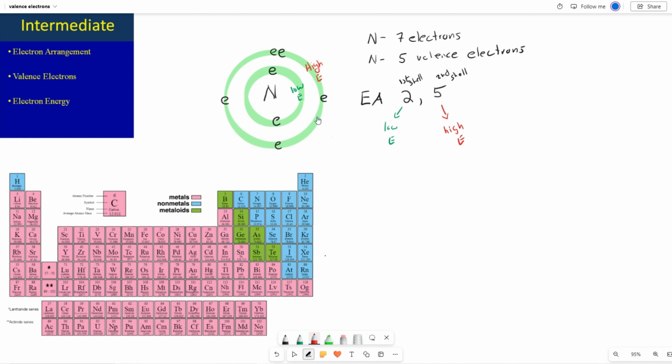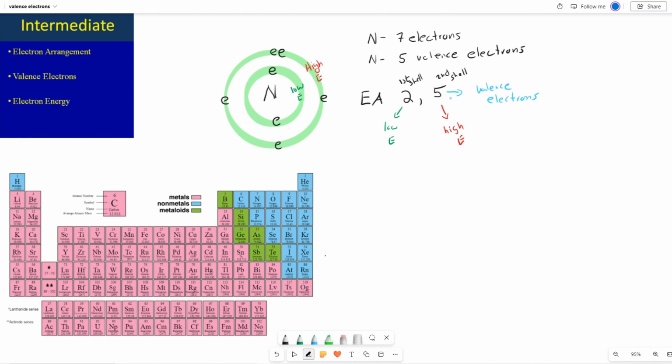And then we can also see that these 5 electrons are the valence electrons. So the electron arrangement tells us a lot of things. It tells us the energy levels that each of the electrons are in, gives us their relative energies, and it also lets us know how many valence electrons there are for that particular atom.